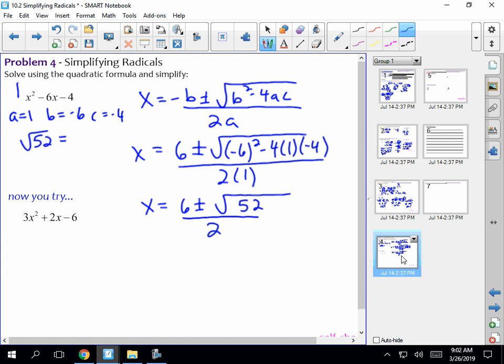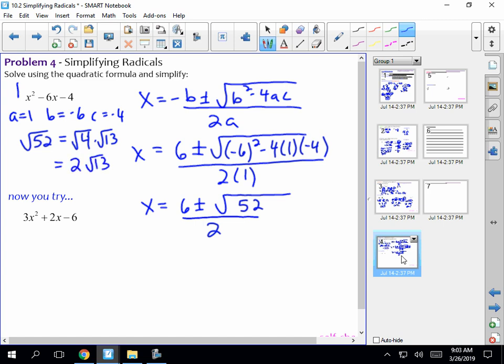Does 16 go into 52? No, because 3 times would be 48. 25 doesn't go into 52, nor does 36. So 4 is the biggest perfect square that goes into 52. The square root of 4 times the square root of 13 is 2 times the square root of 13.